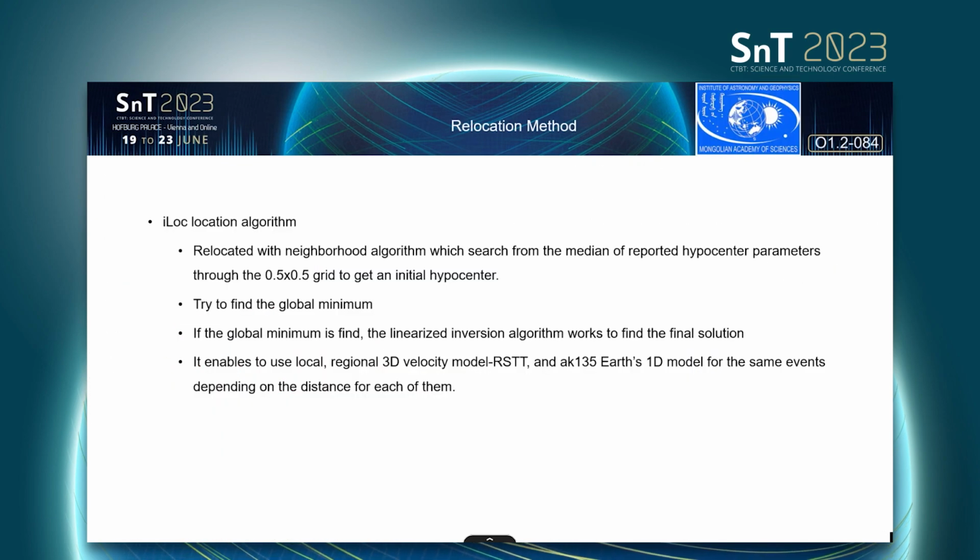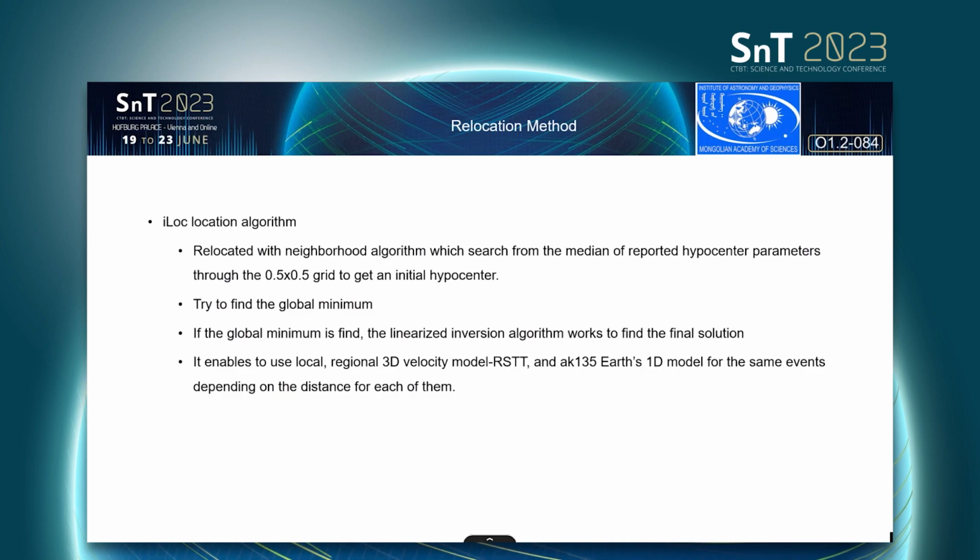The ILOC location algorithm relocates the events with a neighborhood algorithm, which searches from the median of reported hypocenter parameters to get an initial hypocenter and then tries to find the global minimum.